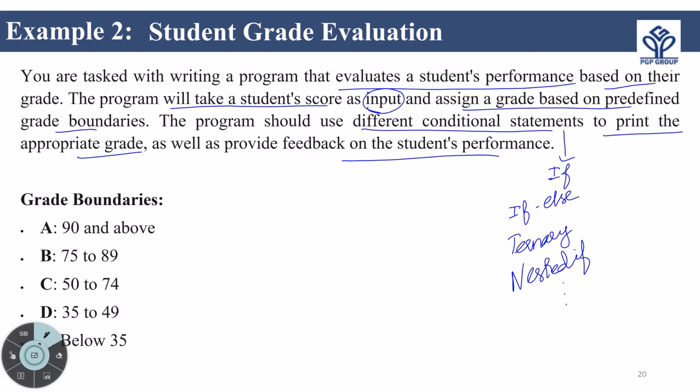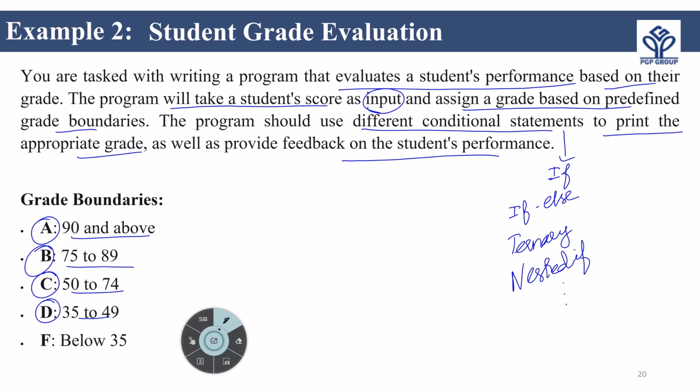The grade boundaries: A grade is 90 and above, B grade 75 to 89, C grade 50 to 74, D grade 35 to 49, F grade below 35. This is our question. Clear?